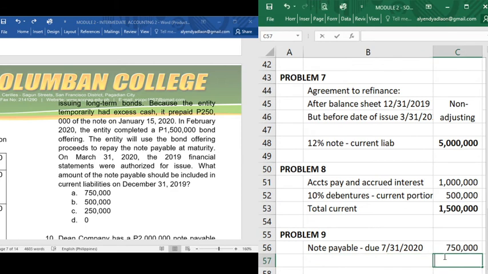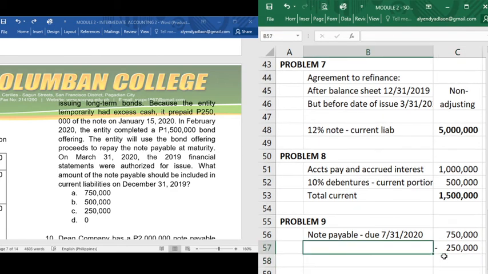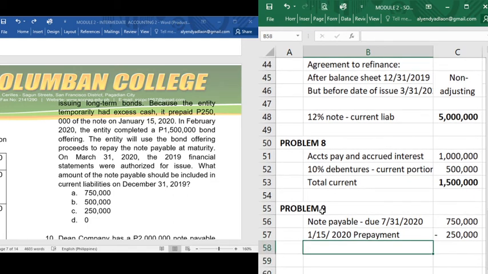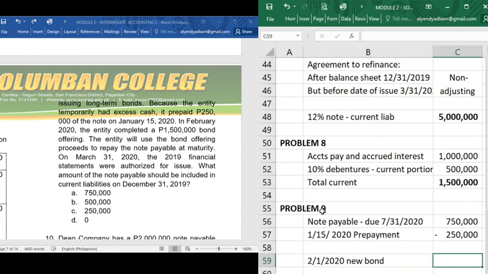So, there is a prepayment of the note. In February 2020, the entity completed a 1,500,000 bond offering. The entity will use the bond offering proceeds to repay the note payable at maturity. Okay. In February 2020, there was a new bond offering, class. So it is new debt. That amounts to 1,500,000.